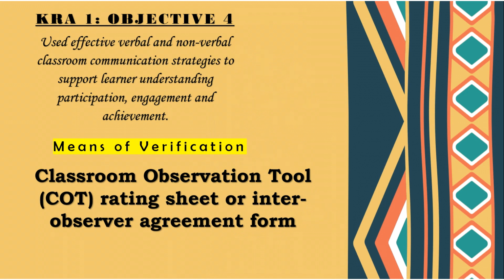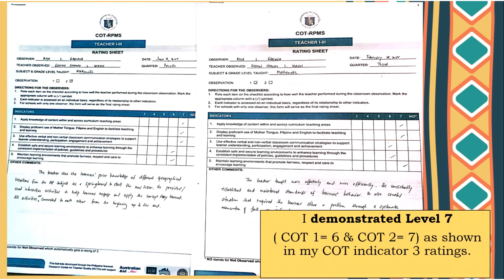Objective 4. Use effective verbal and non-verbal classroom communication strategies to support learner understanding, participation, engagement, and achievement. MOV, dalawang rating sheet po. I demonstrated level 7 as shown in my COT Indicator 3 ratings.